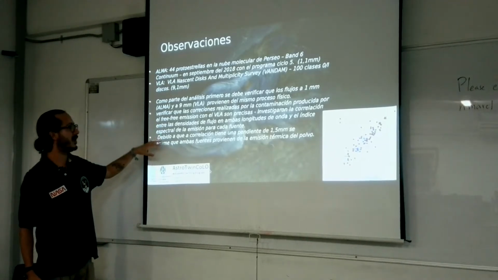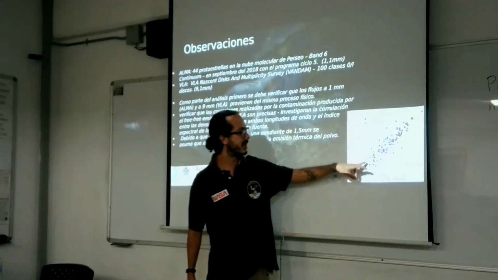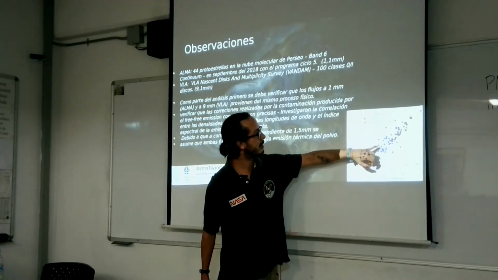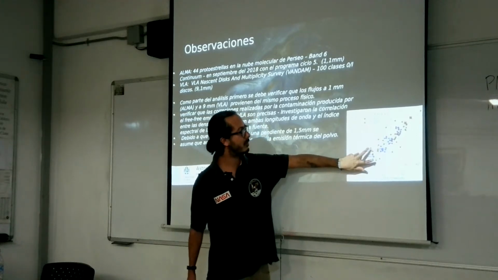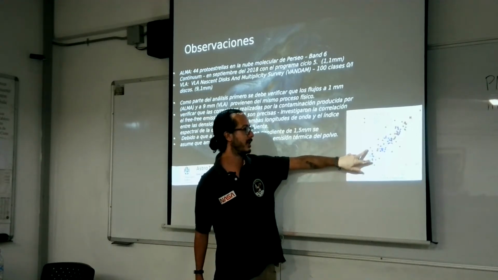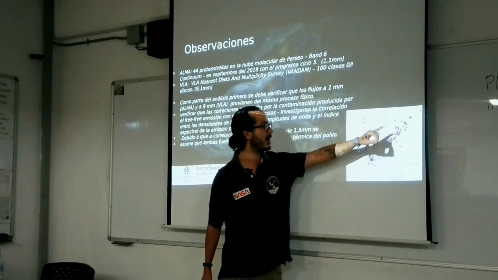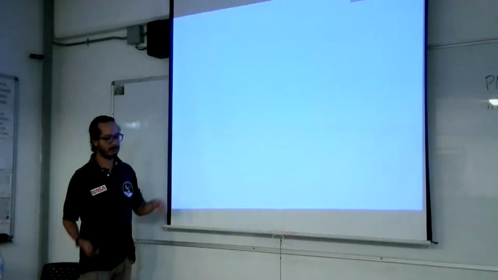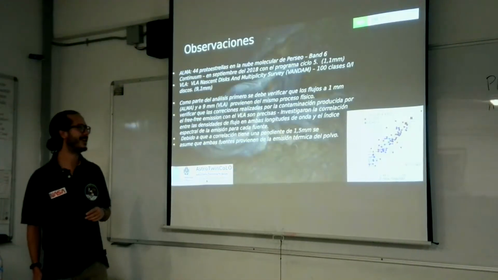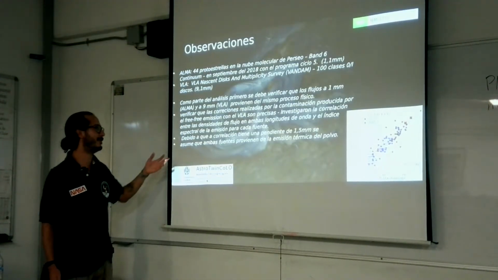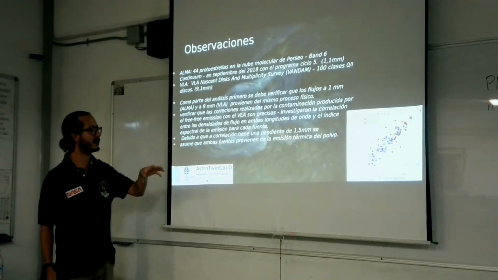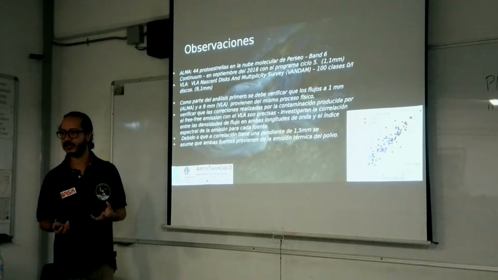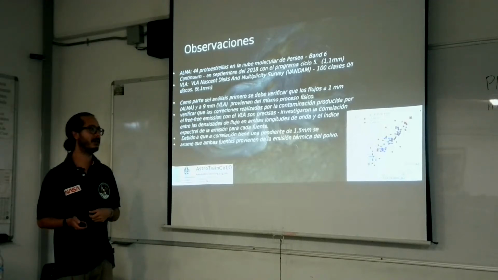With that information, they found the correlation between ALMA and VLA. Here are both measures, with ALMA and VLA, and they found a correlation that has a good slope. So they assume that both sources came from the same physical process, the same thermal emission of the dust.